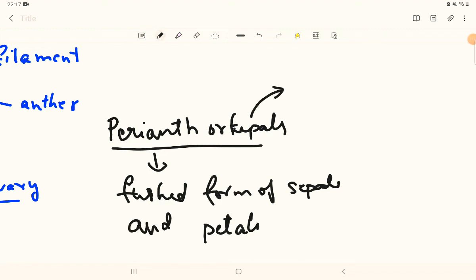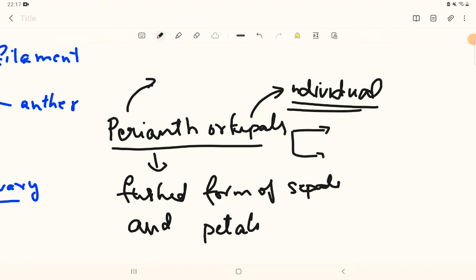This term tepal is used when you are not able to distinguish which is petal and which is sepal. That state of the flower you call a perianth or tepals.